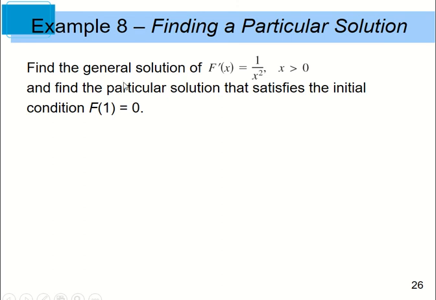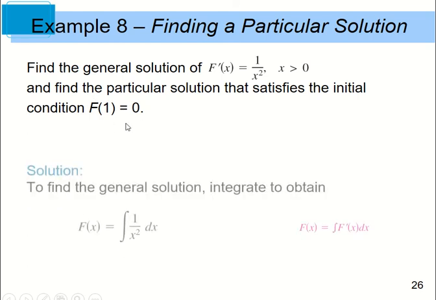Now find the general solution of f prime x equals 1 over x squared, where x is more than 0, and find the particular solution that satisfies the initial condition f of 1 equals 0. First we integrate this, and after that we use the initial condition to find the constant.